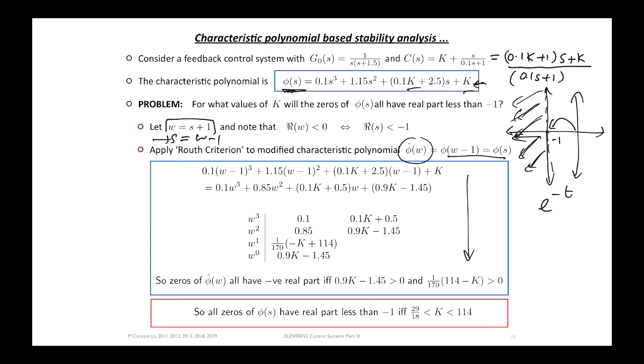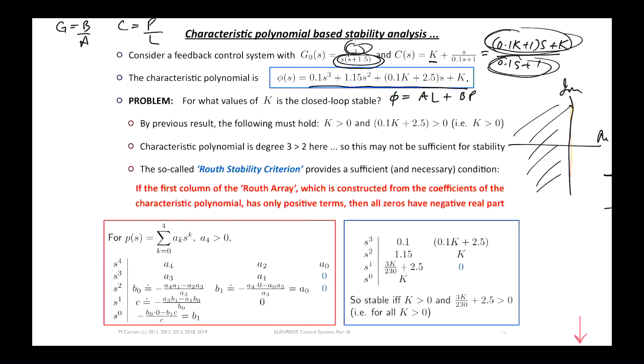All right, and these two conditions correspond to this bound on K. So we saw before, in order for this to have all of its zeros in the left half plane, we just needed K to be positive, right?